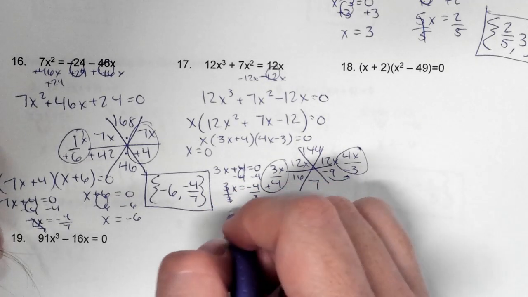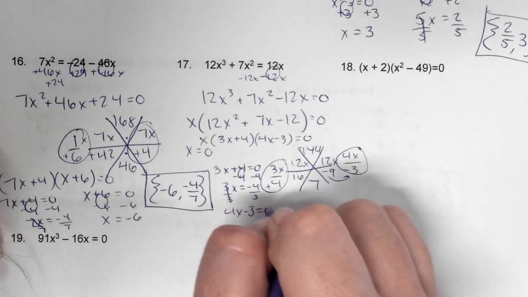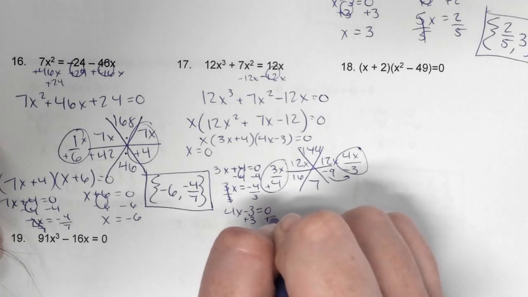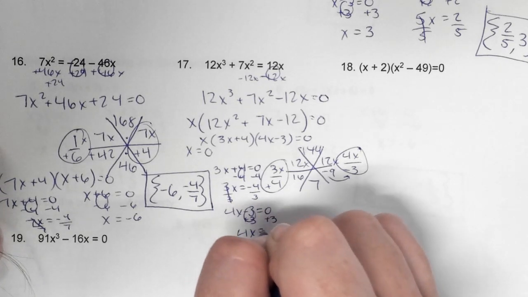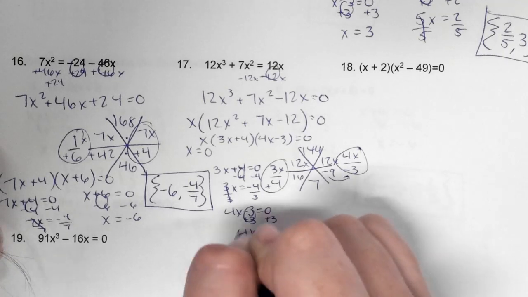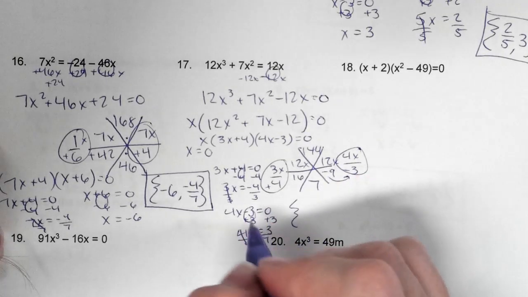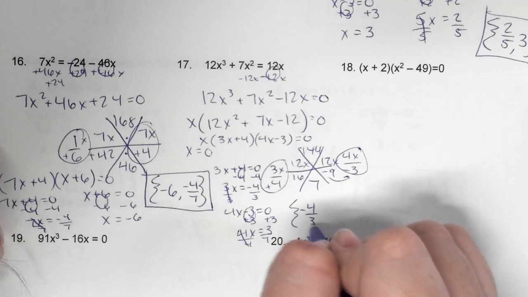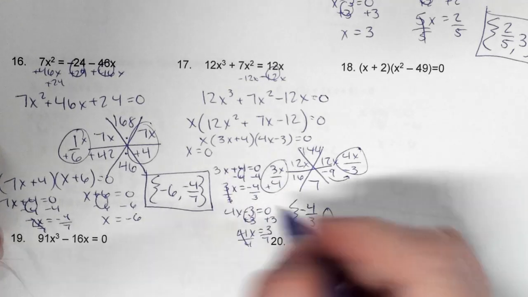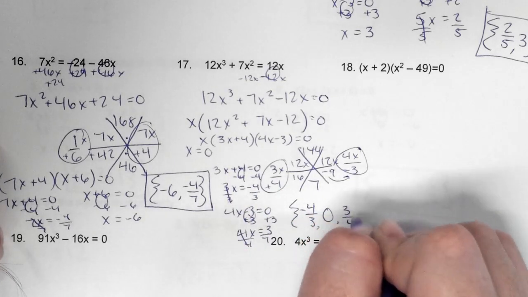And then 4x minus 3 equals 0. So that gives me negative 4/3, don't forget the 0, and positive 3/4.